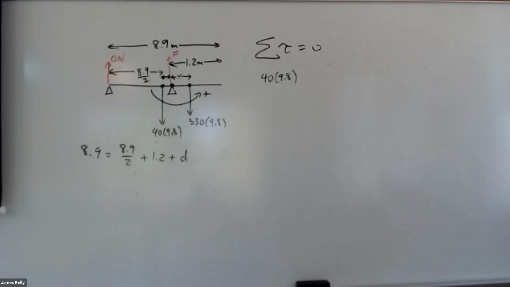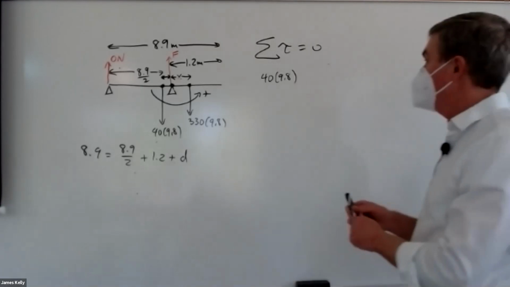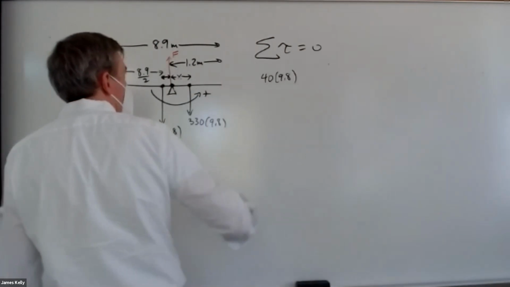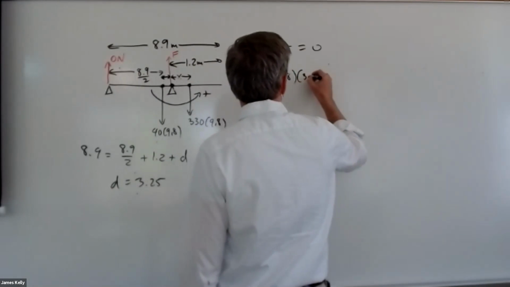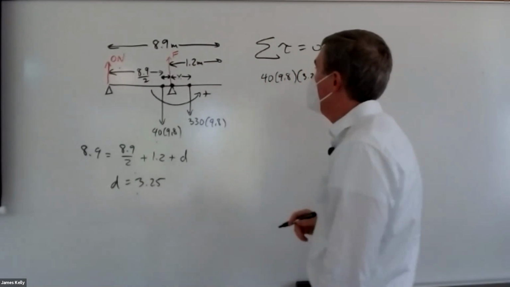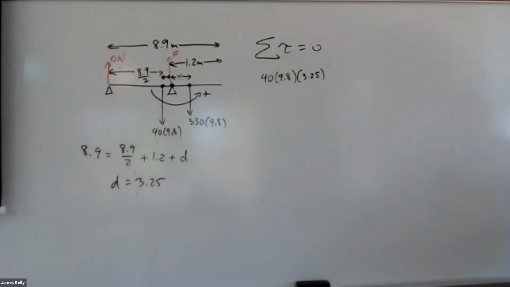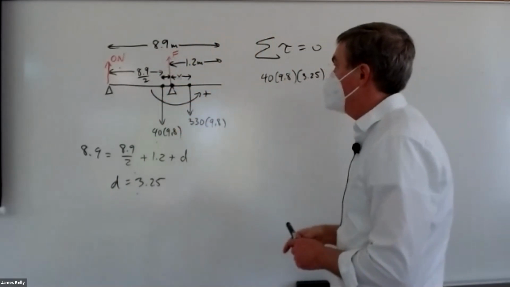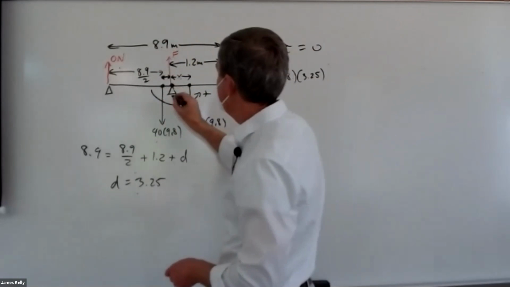Yeah, again, I'm getting fooled because my diagram looks a little bit wacky, but 3.25, you guys agree with that? D equals 3.25, so I'm going to multiply by this moment arm 3.25. No angles to get messed up with here because all the forces are vertical. Positive torque again because it's trying to twist it in that direction about our chosen axis.